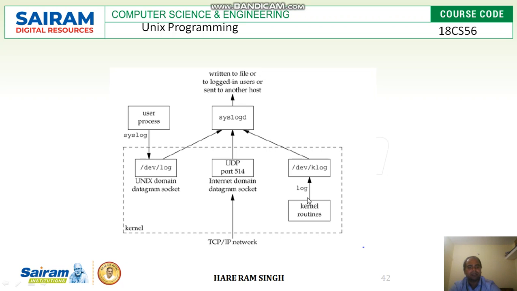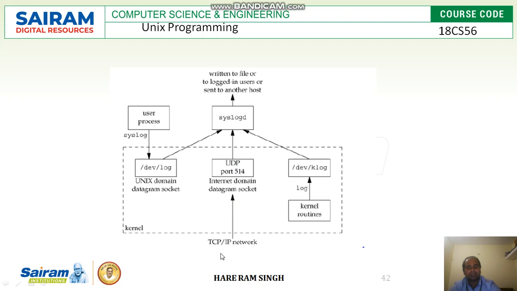Any kernel routines, first it will create a log file, and any process can open the log file, log messages, and send them to dev klog, and from here it will be sent to syslogd. Similarly, any user process can call the syslog function, and it can write the syslog message to dev log, that is the Unix domain datagram socket, and from here the error messages can be sent to syslogd.